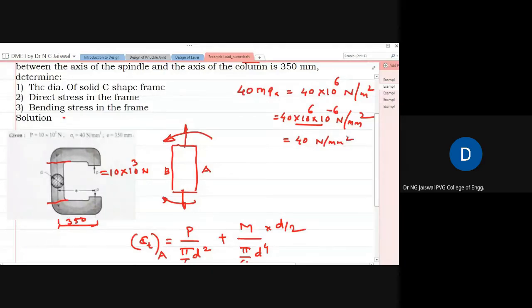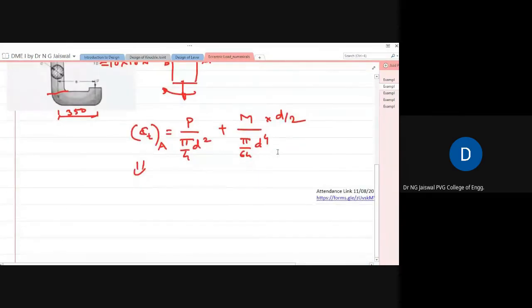We can remember it this way: megapascal is nothing but Newton per mm square. On this side, you get 40 is equal to, now put all values here, please. P in Newton, M in Newton into the distance, that will be Newton mm, and find out the value of d. I hope you will all calculate this.